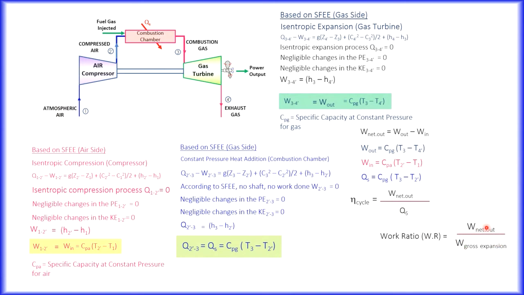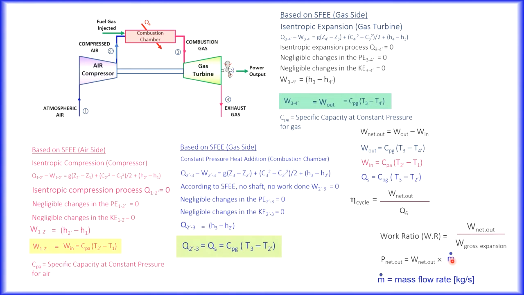Net work out, as I have mentioned, is work out minus work in, so therefore you can find the work ratio. If you take the mass flow rate multiplied by net work out, you will get the net work rate, or if you take mass flow rate multiplied by heat, you will have the rate of heat transfer.